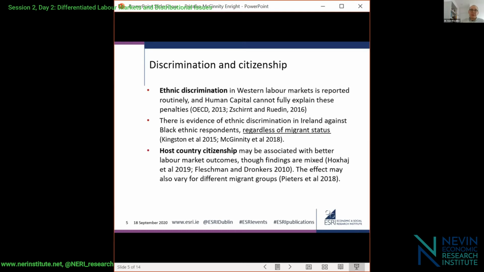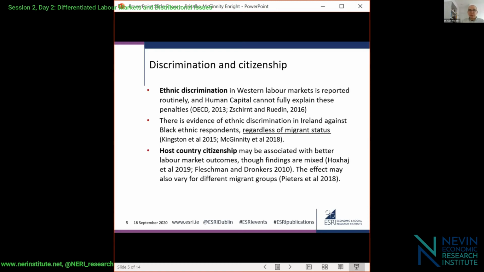There's some evidence for this in Ireland as well, where black ethnic minorities report worse outcomes than white migrant groups or white groups, regardless of migrant status. So just a pure ethnicity effect, we would expect that to explain some of the variation in unemployment across migrant groups.